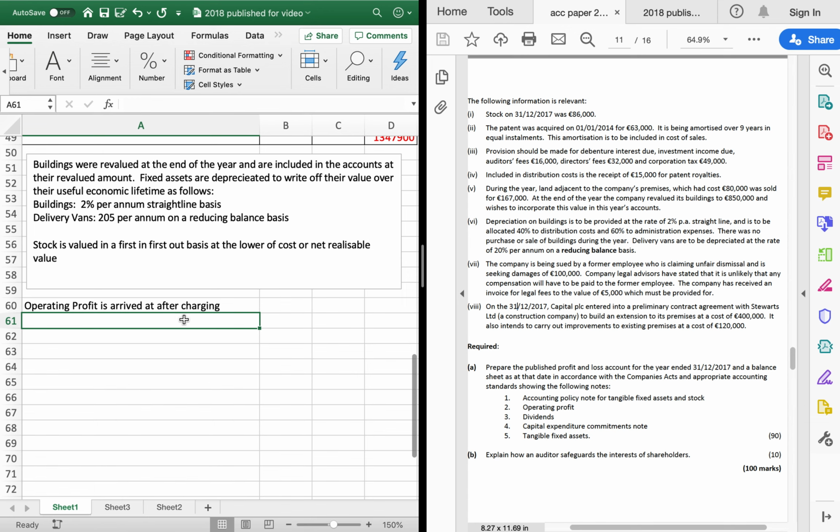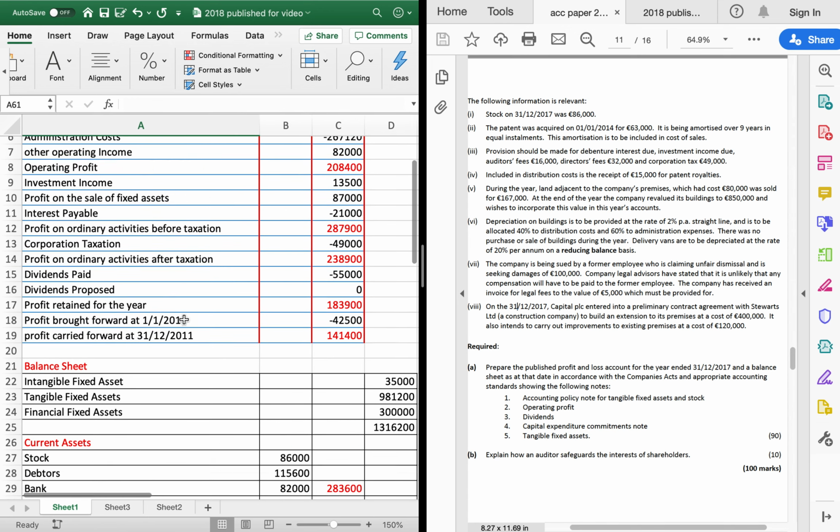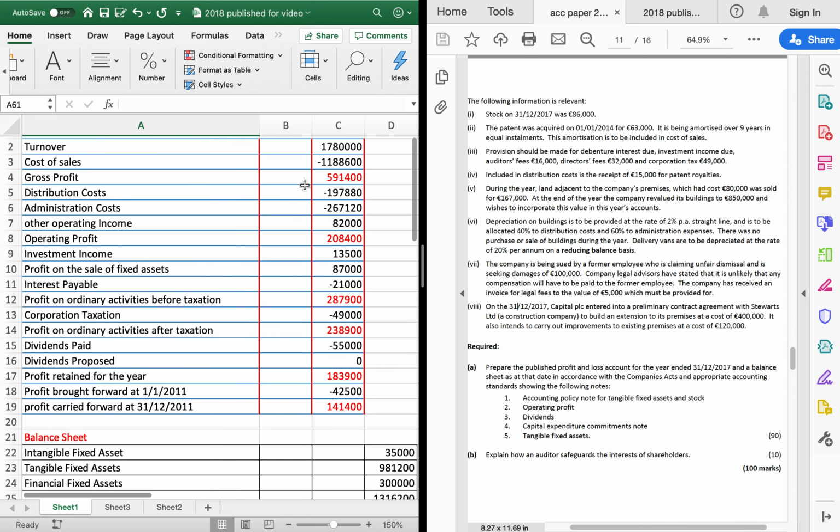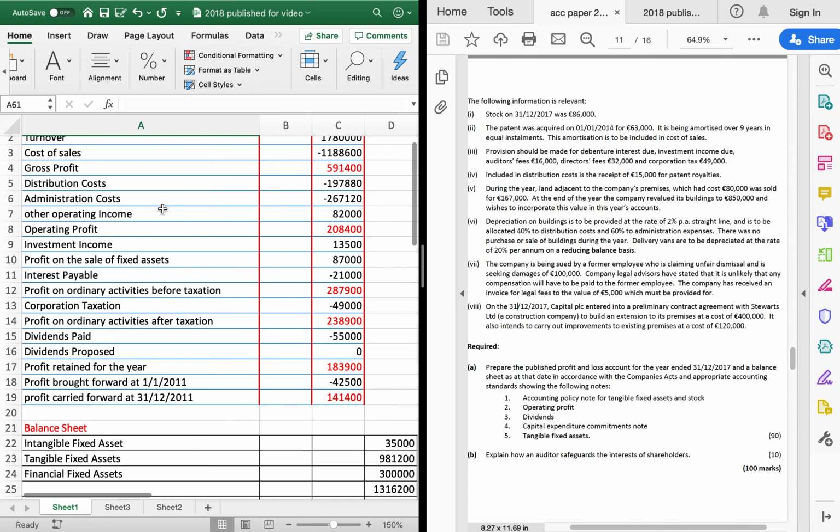So operating profit, this number here, 208,400, is arrived at after charging the following. We know it's arrived at after charging cost of sales, distribution, administration, those expenses.